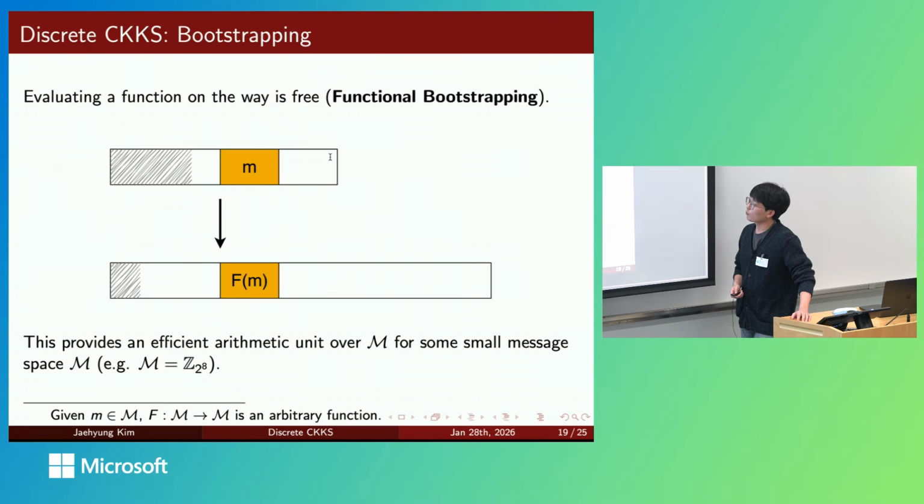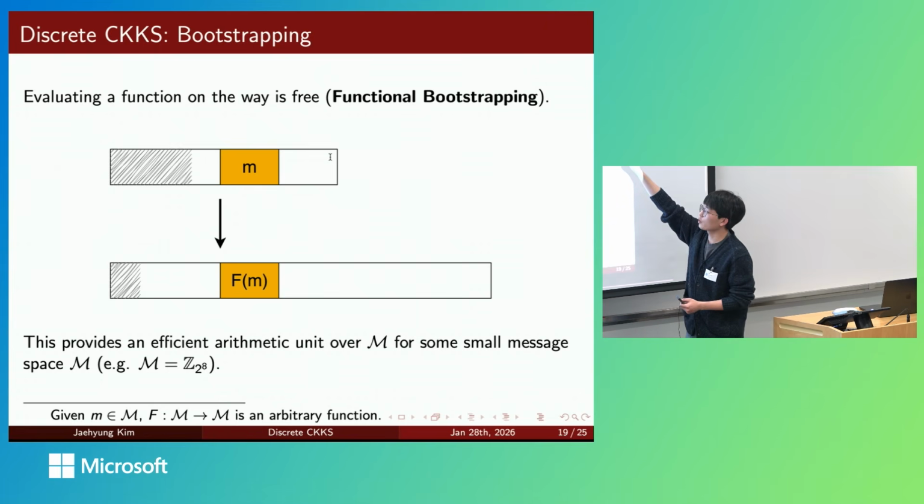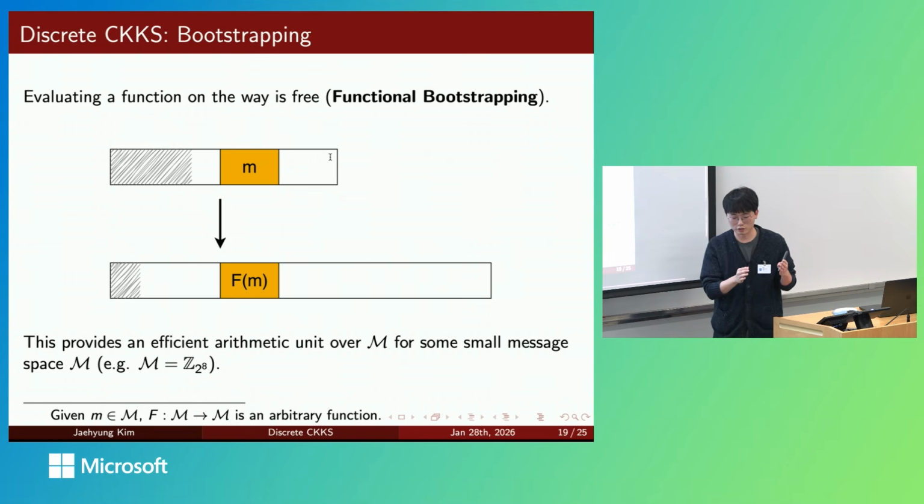So basically, your functional bootstrapping is applying interpolation over the message space. So if your message space gets larger, the size of the message space corresponds to the degree of the interpolation polynomial. So it cannot be very large. It grows almost exponentially. So you need to choose a number that is sufficiently large, but not so large as to make it difficult to interpolate.